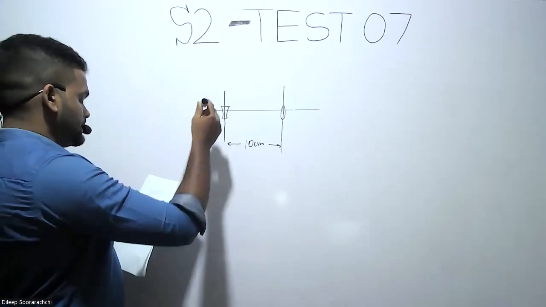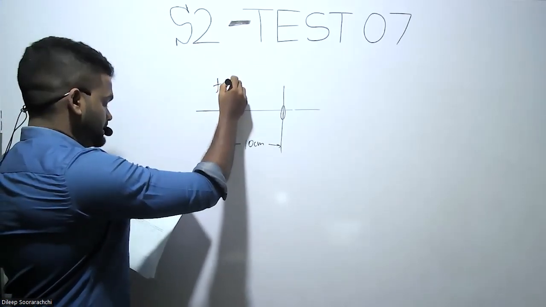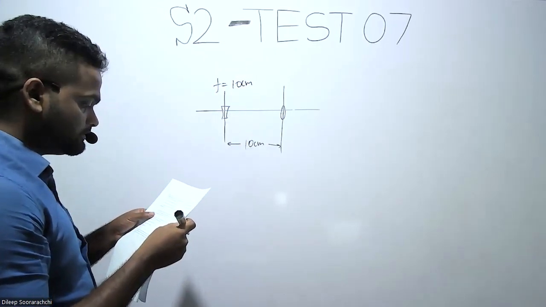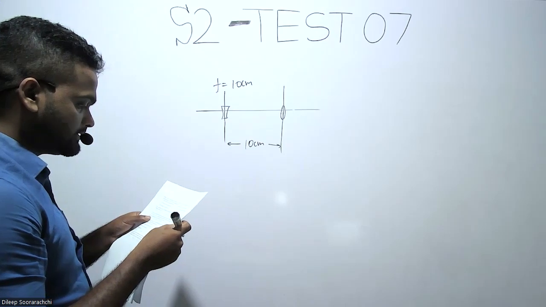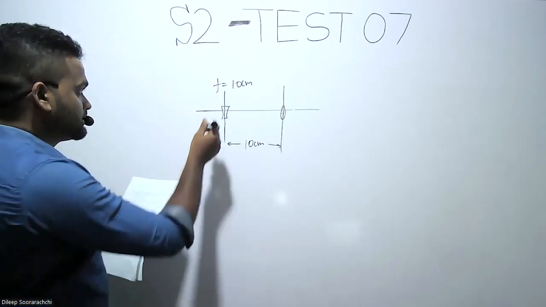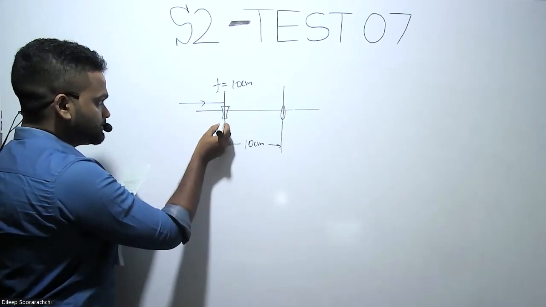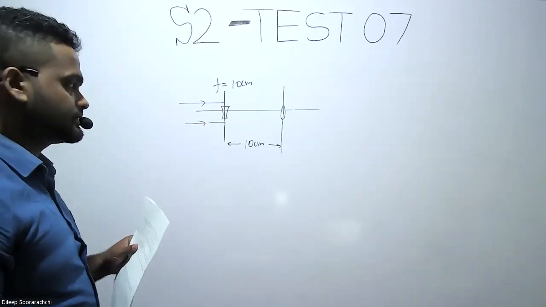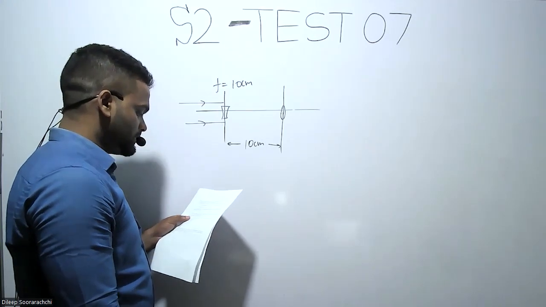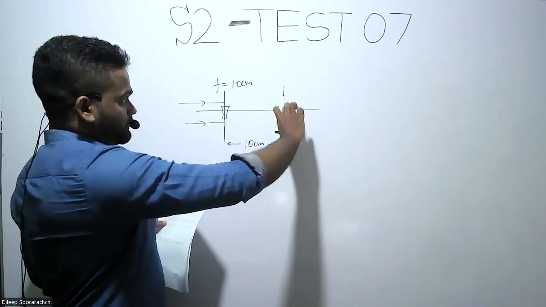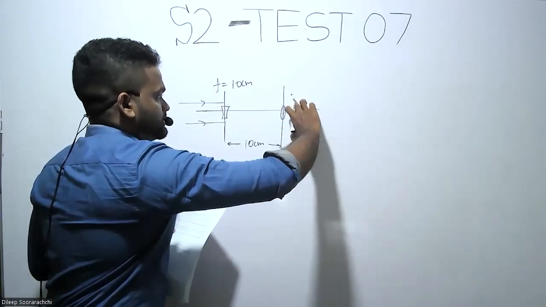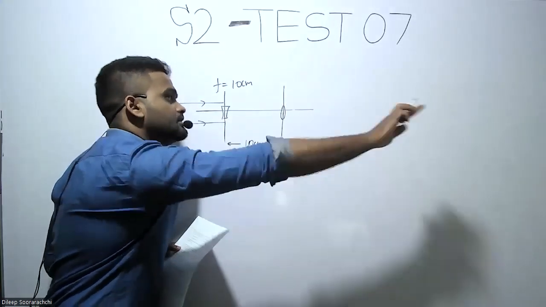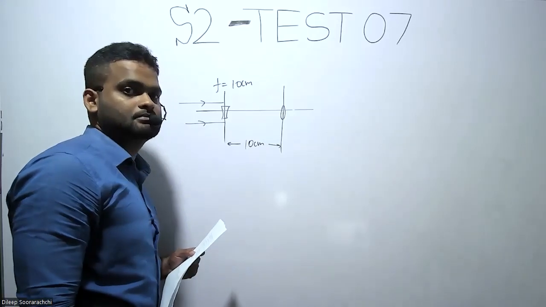Focal length of the concave lens is given as 10 centimeters. A parallel beam is incident on the concave lens. Then this ray emerges from the convex lens as a parallel beam as well.